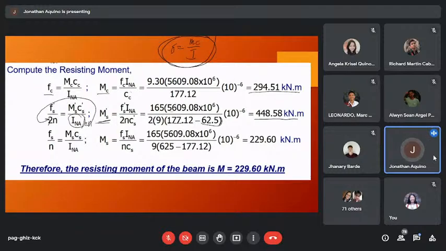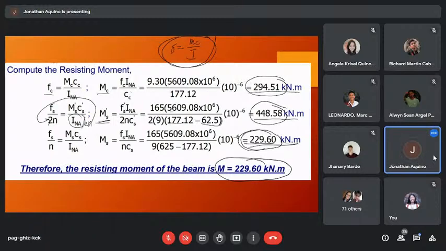Same is true with the tension reinforcement. For the tension reinforcement, the moment capacity is 229.6 kilonewton meter. Therefore, from these three values, the smallest moment capacity is 229.6 kilonewton meter.